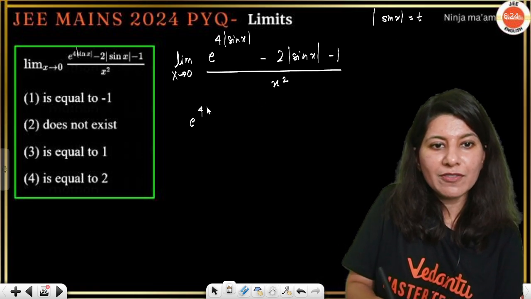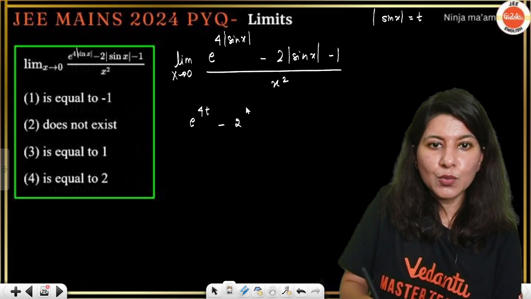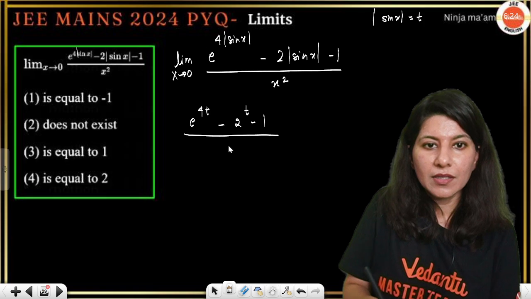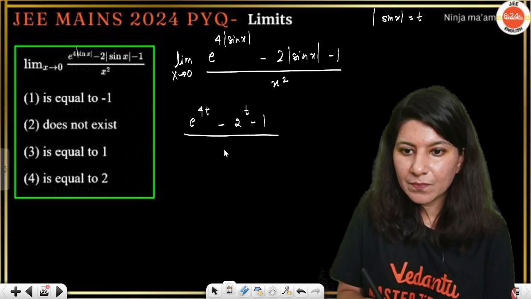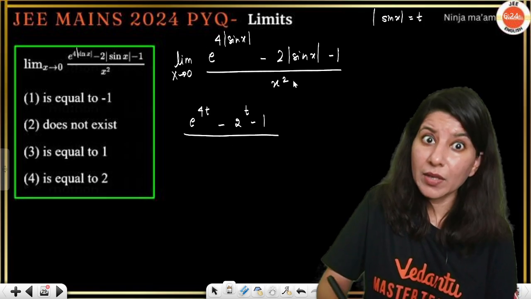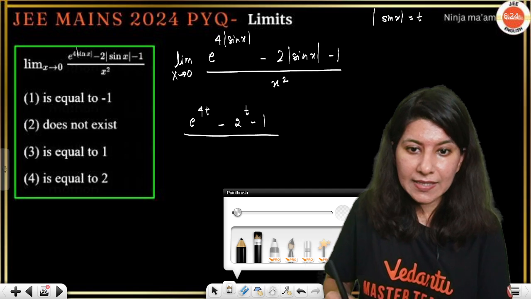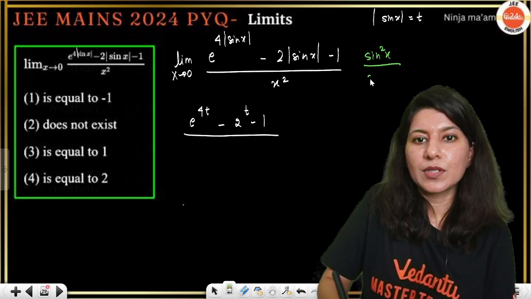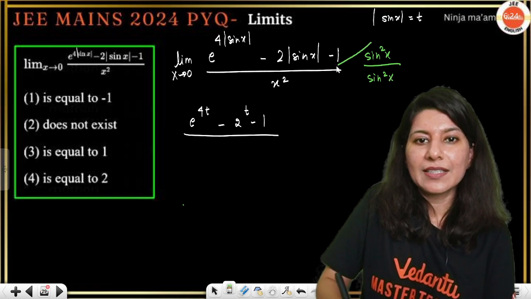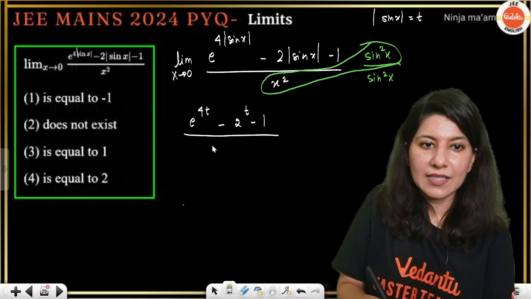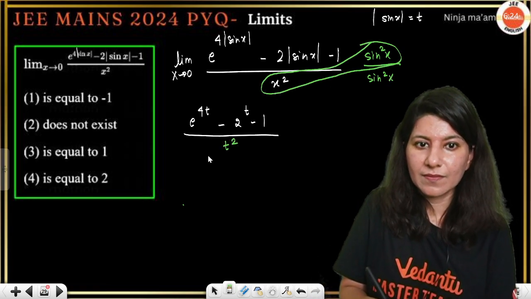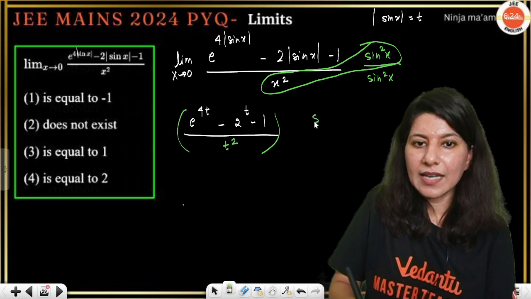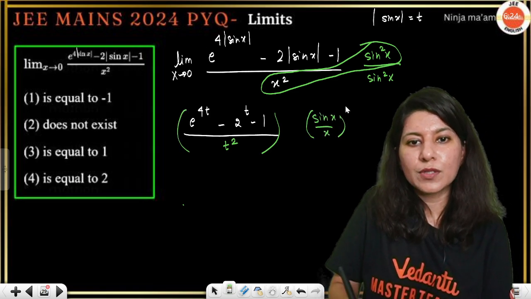So e raised to power 4t minus 2t minus 1 upon x square. See in the original question, can I just multiply sine square x upon sine square x so that this will be 1 and this is your t square. Right? And this is (sin x by x) whole square.